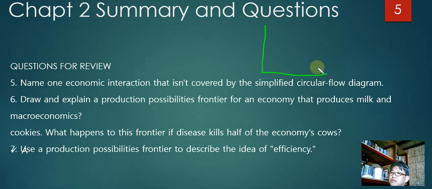Once the production capacity moves along this frontier line, this line means the maximum capacity of the production.